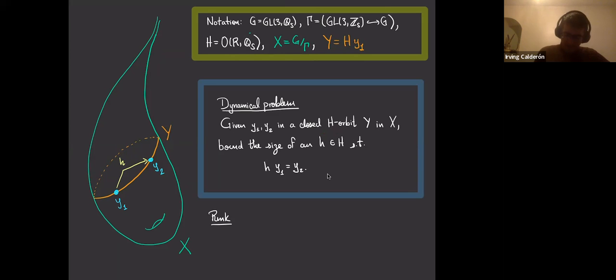But in the concrete example we're looking at, our quadratic forms, remember that they were positive definite, so H infinity is compact, but they were isotropic over Qp, so this is not compact. And now I will give the main idea to answer this dynamical problem. And the argument will be using a mixing property.